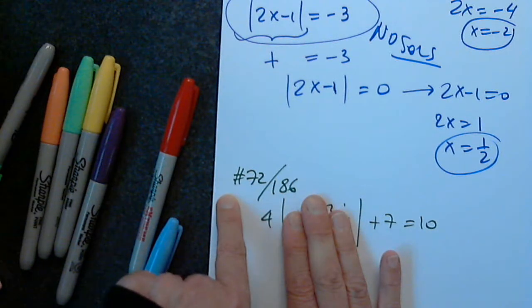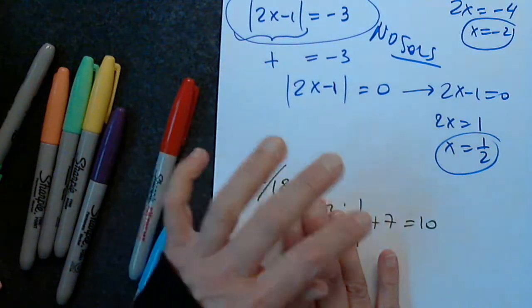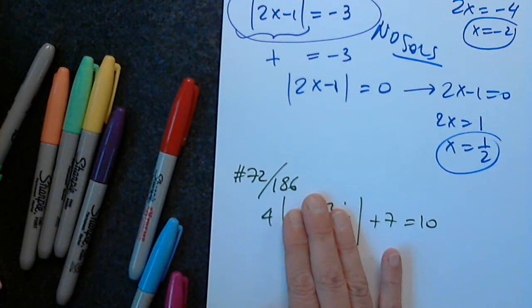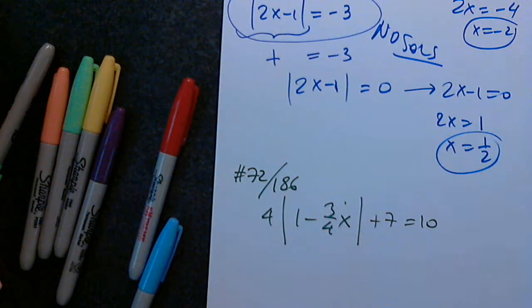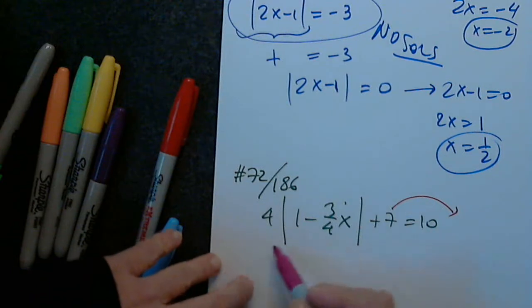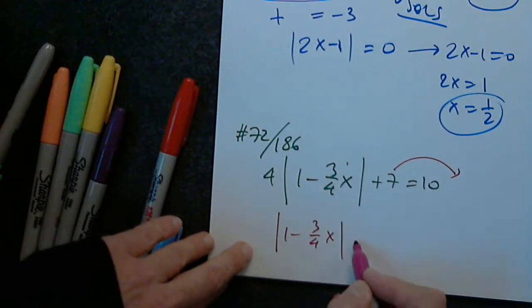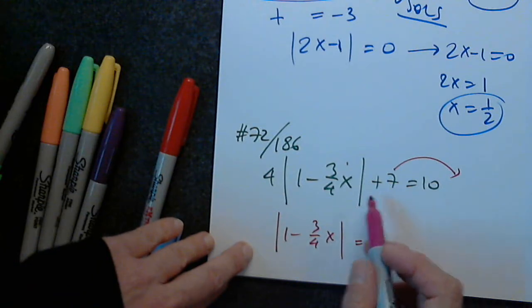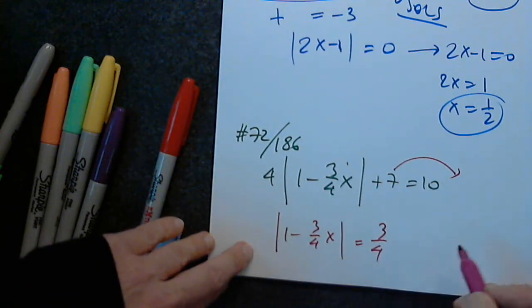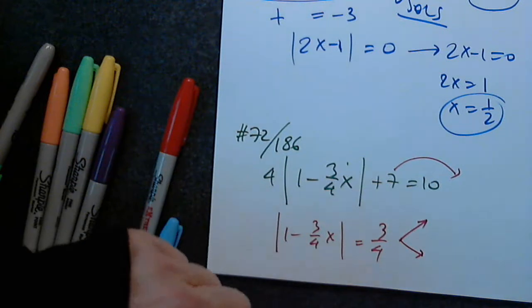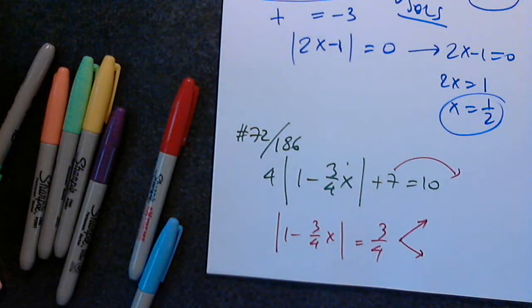We cannot take anything out. This is untouchable. But yes, in order to clean it up, of course, that's what we need to do. We will be moving 7 and we divide by 4. So the absolute value of 1 minus 3/4 x equals 10 minus 7 is 3, 3 divided by 4. And now it's completely cleaned up. We are ready to.